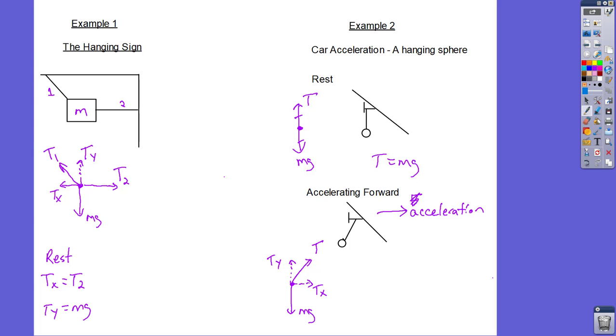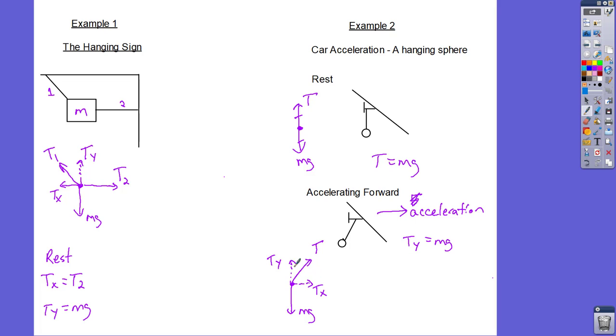In the vertical direction, there is no acceleration. So the acceleration is in the horizontal direction. In the vertical direction, we know Ty is equal to mg. With a little knowledge of the angle, you could then figure out what T is.